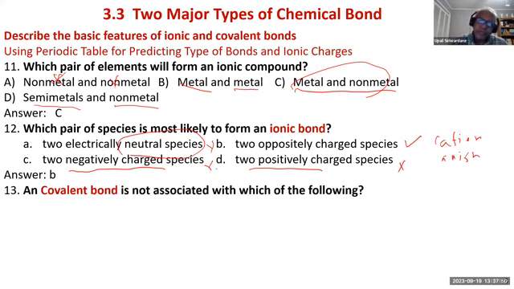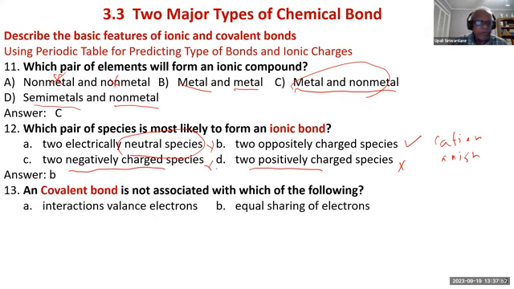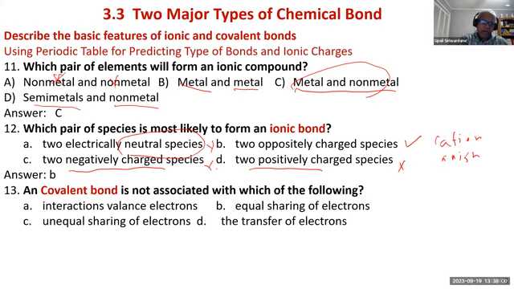And covalent bond is not associated with which of the following? Covalent bond is not associated with transfer of electron. Transfer of electron forms cation and anion. Therefore, this interaction of valence electrons happens in the covalent bond. Equal sharing of electrons happens.